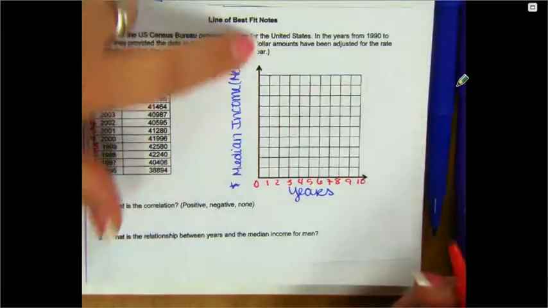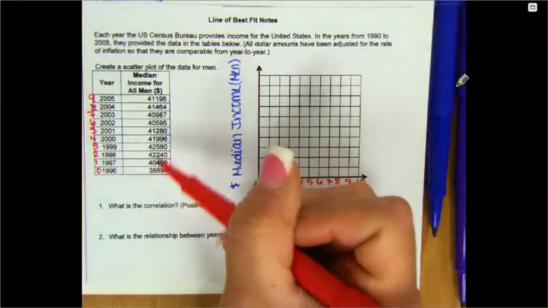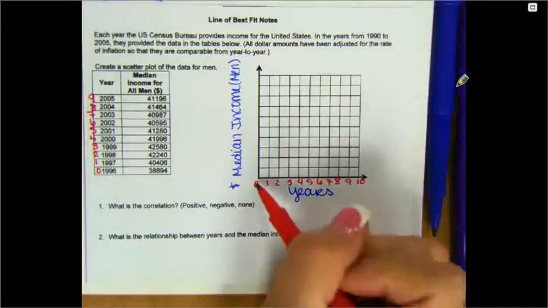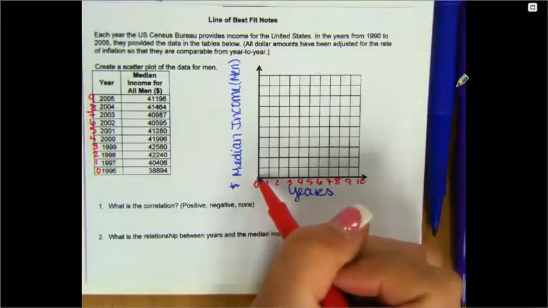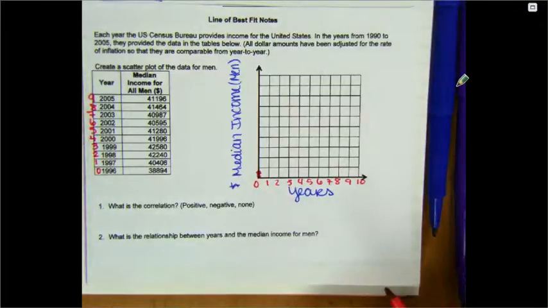Now on the y-axis, where do we want to start? If you look, we have $38,894 all the way to $41,000. So how do you want to start this? You don't need to start at 0 necessarily going this way. What we'll do is skip some numbers. So where are we going to start? You want to start at 40,000?